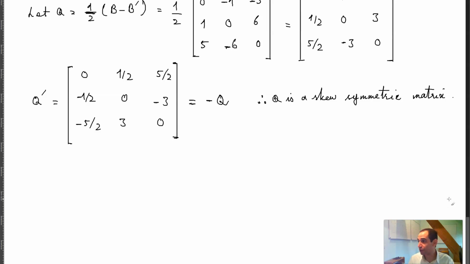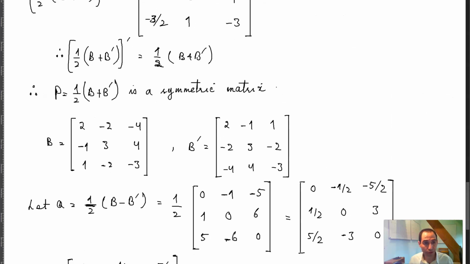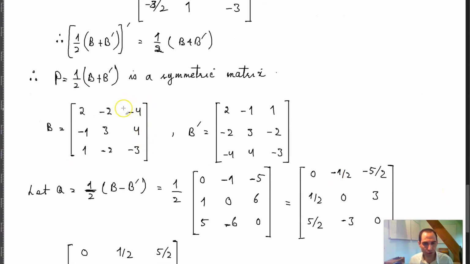The matrix that I started with was the matrix B, which was basically this matrix over here. And now I have another matrix P, which is a symmetric matrix. I have another matrix Q, which is a skew symmetric matrix. If I add P and Q together, I should get B, right?